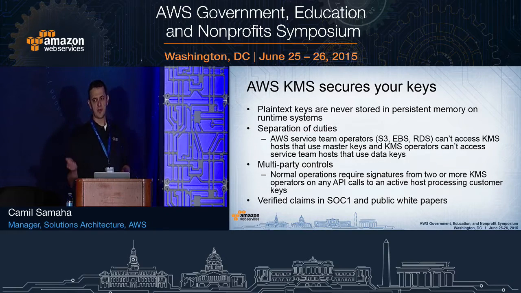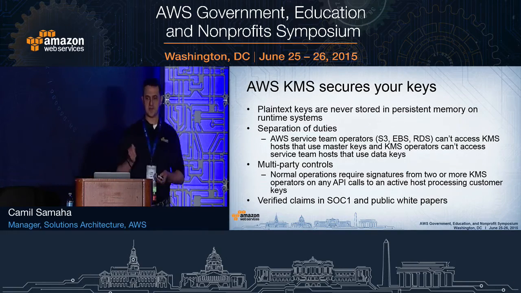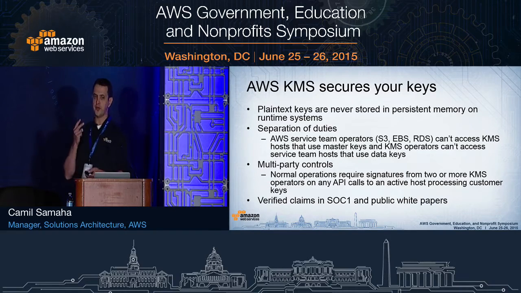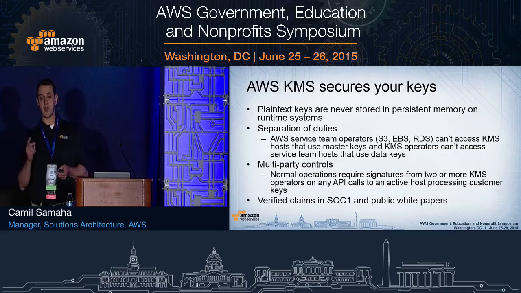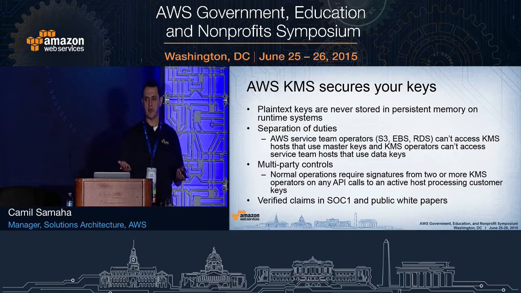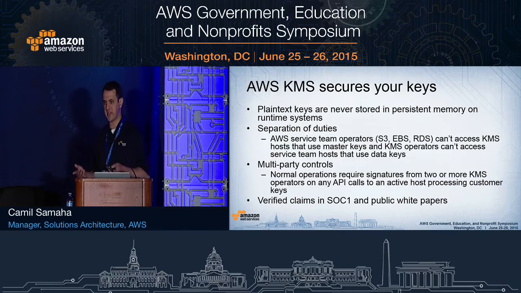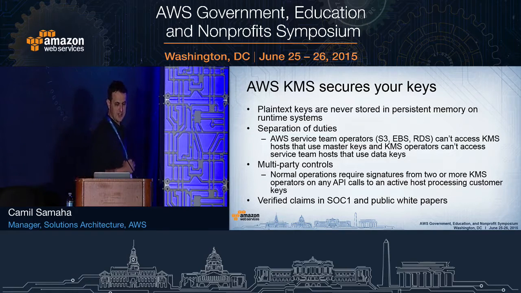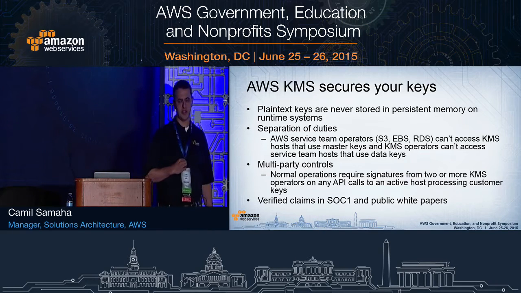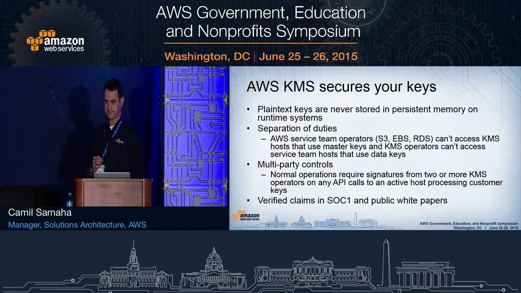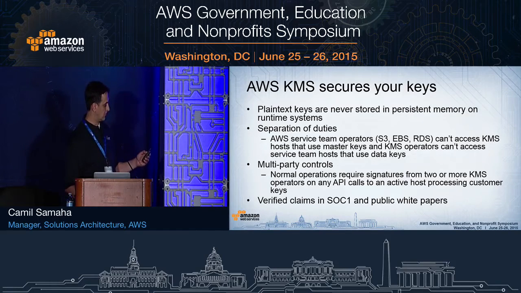Any operations against active systems that handle or process those keys, those API calls, require two operator signatures. So basically, you have a quorum of two or more people to be able to do any operation on those KMS systems that handle your keys. And all of that is documented and verified in the SOC 1, as well as our public white papers. Okay?